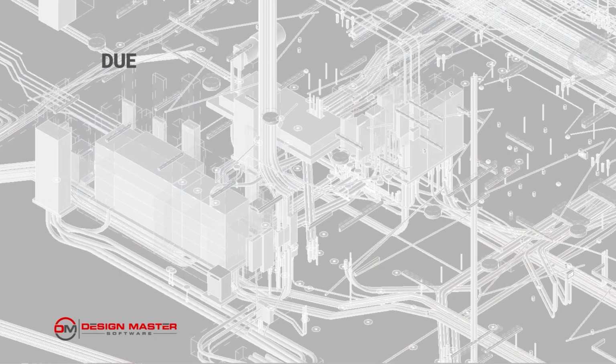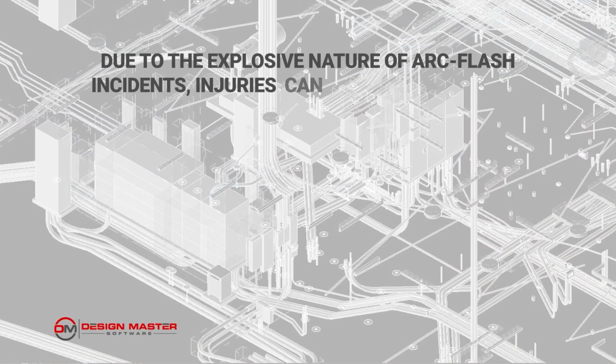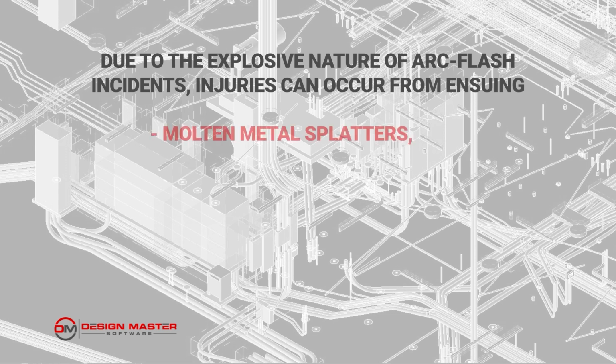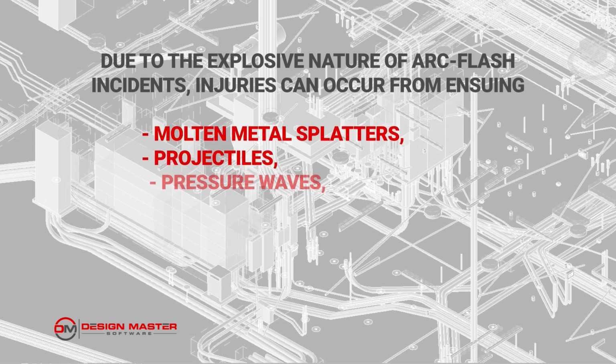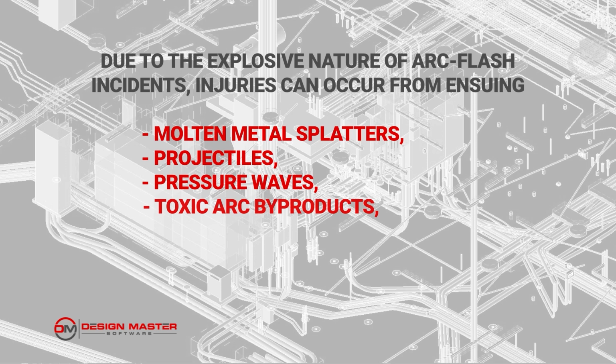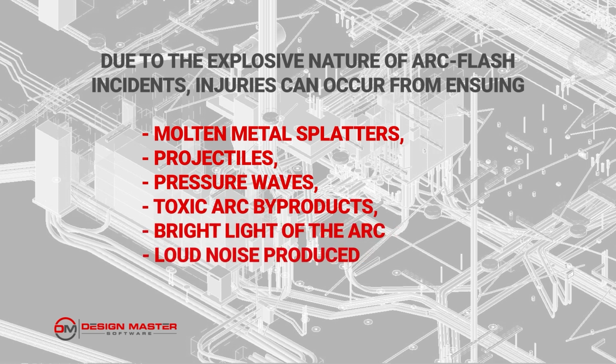In 1584, 2018, they move it and they talk a little bit more still about the limitations of what's being calculated. One of those limitations is that this is, again, focused on burns. It's not focused on all the other issues that are going to happen if you have an arc flash, because they're loud, they're bright, metal's going flying. So they specifically say, due to the explosive nature of arc flash incidents, injuries can occur from ensuing molten metal splatters, projectiles, pressure waves, toxic arc byproducts, the bright light of the arc, and the loud noise produced.